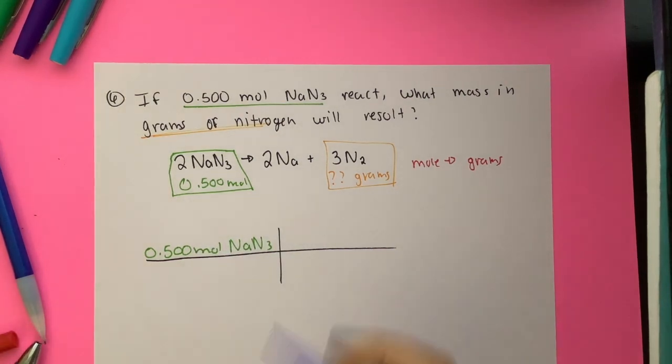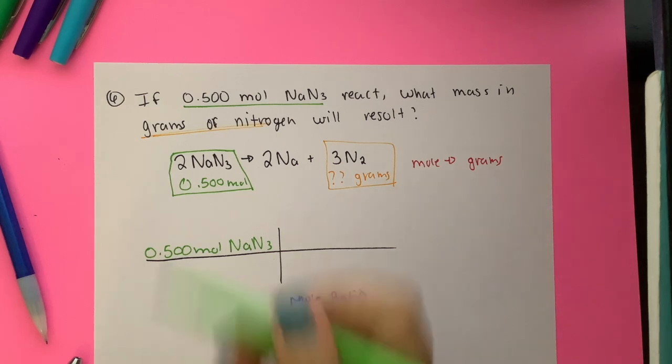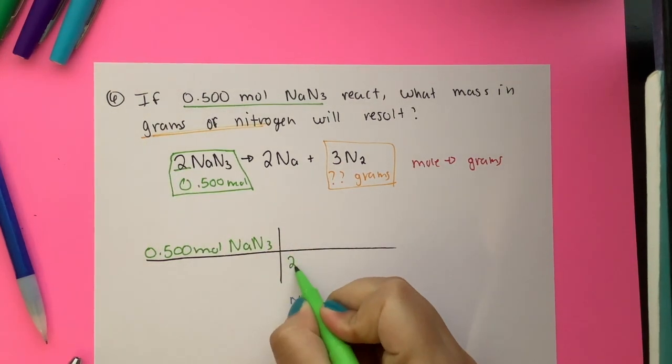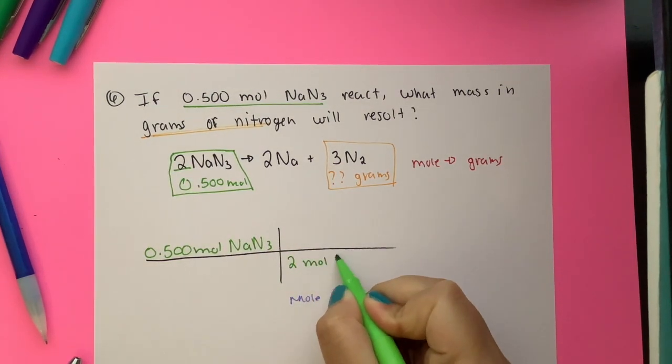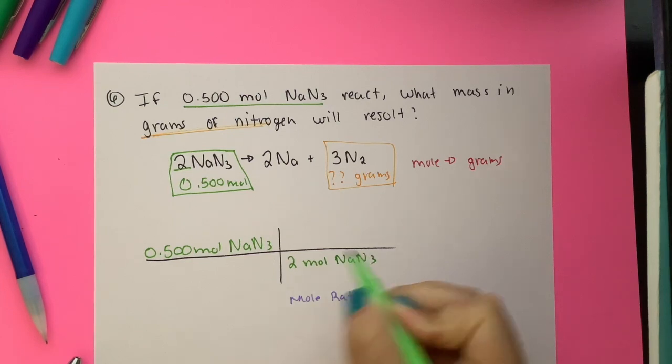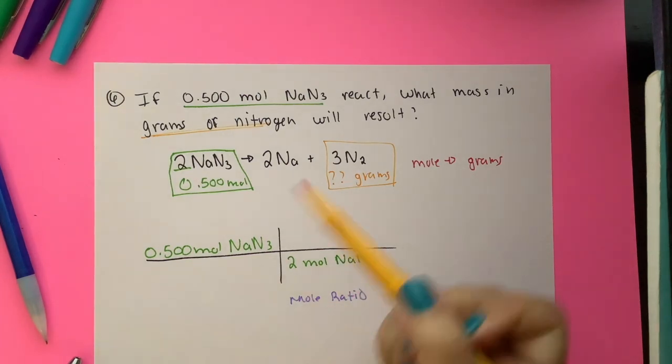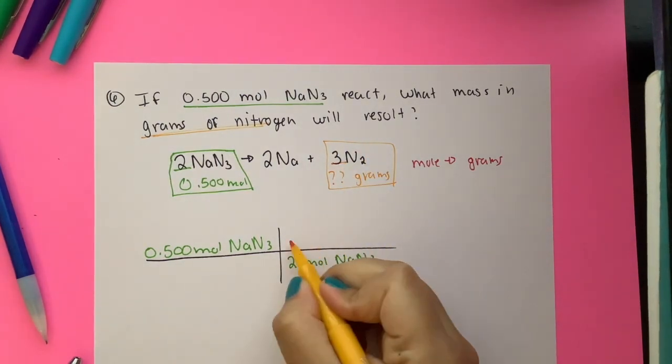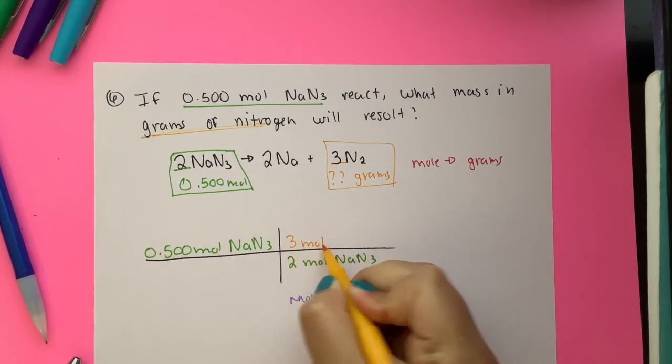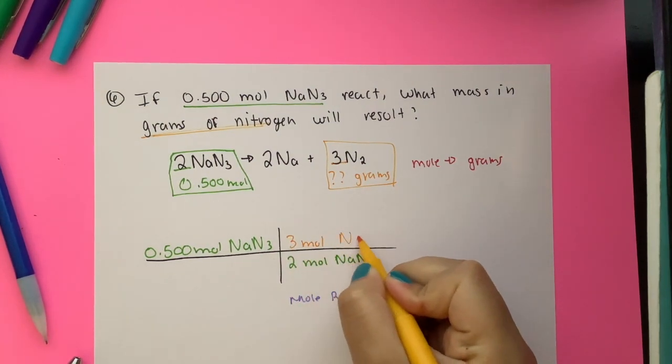So my first step is going to be to use the mole ratio. Okay, the mole ratio comes from my balanced chemical equation. So I have 2 moles of NaN3 for every 3 moles of N2.